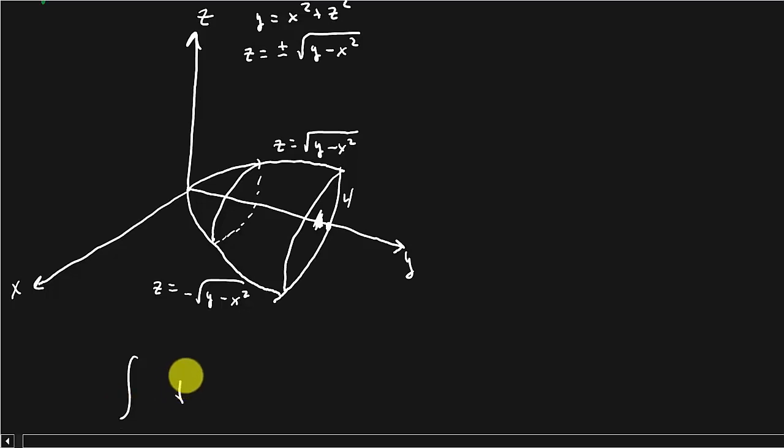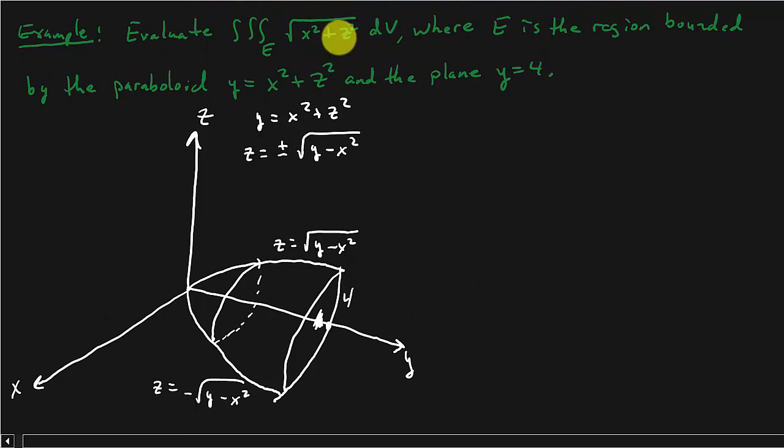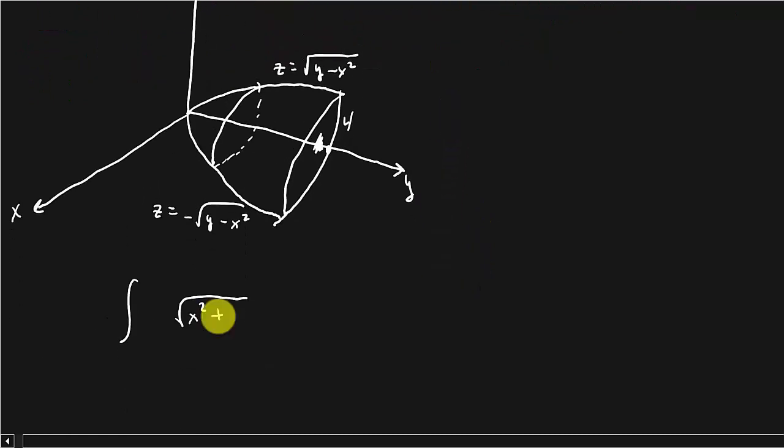This is the square root of x squared plus z squared, and I'm integrating with respect to z. So you can see we're going from negative this function to this function, from negative square root of y minus x squared up to square root of y minus x squared.